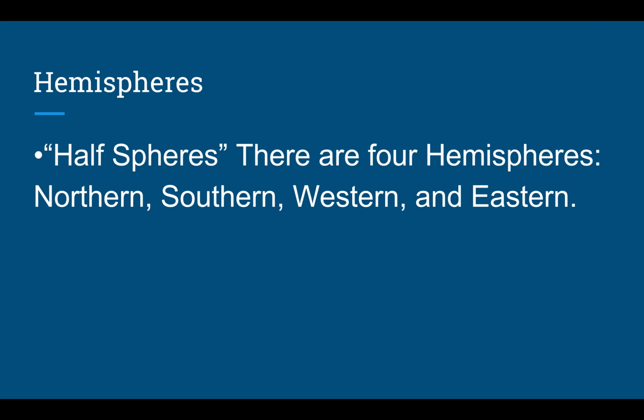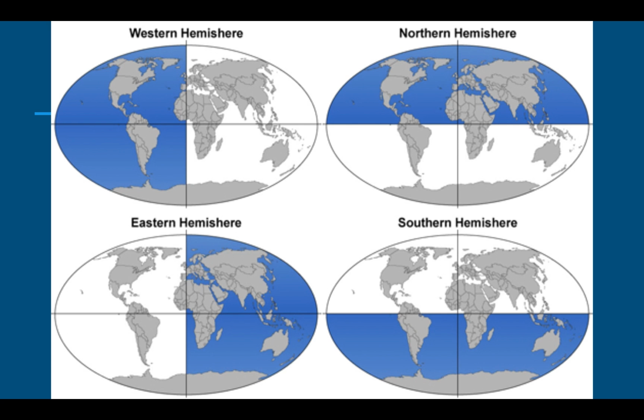We've already mentioned what a hemisphere is. Hemispheres are half spheres, and there is a total of 4 hemispheres in the world: northern, southern, western, and eastern. So I need you to fill in this point, and then I need you to reference beneath that the 4 circles that make up the spheres. And I need you to please shade in the correct part of the circle that makes up the hemisphere.